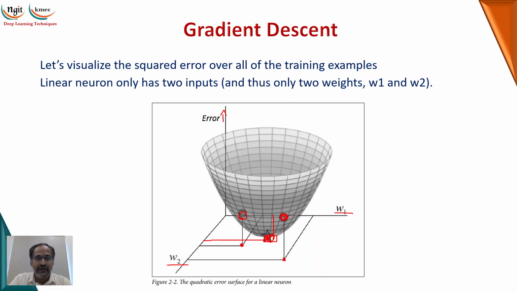If you are able to find this, then our problem is solved. So how can we do that? There are several techniques available, statistical methods, also using the variance concept, covariance of x comma y by variance of x. Like that we have different statistical methods to estimate these weights.